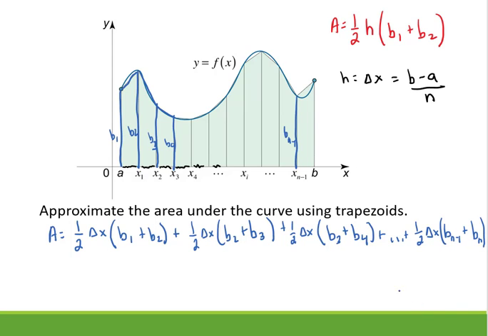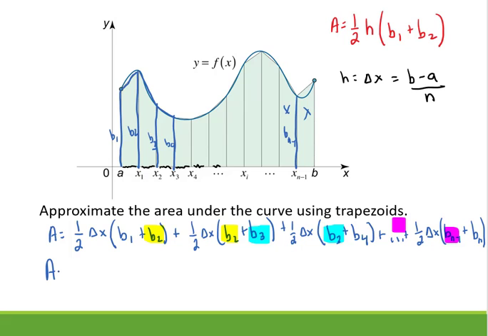But this base sub n minus 1 is going to be in two trapezoids. It's going to be in this one and this one. And notice how there were a few bases that were in 2 of them. This guy was in 2 of them. Okay, if I would have written them all out, this one and the trapezoid right before it would have been in 2.